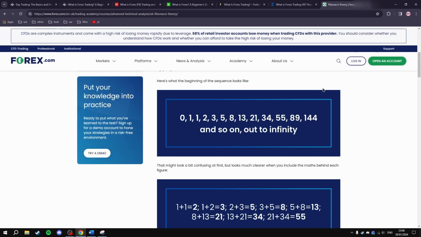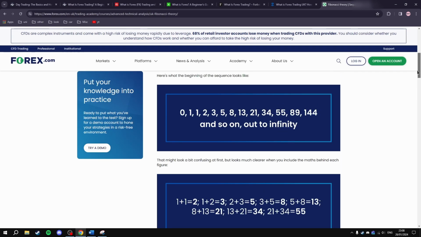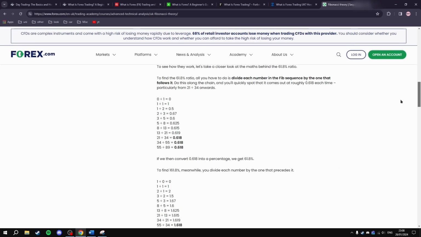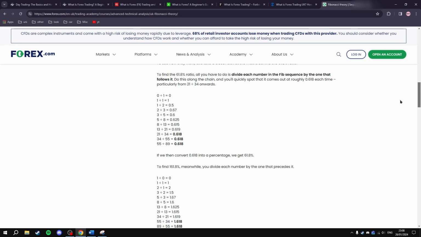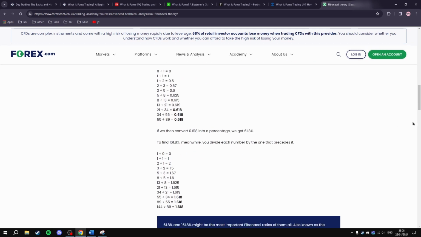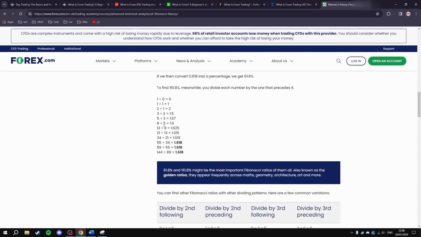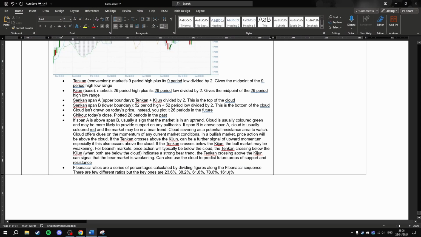So that's 1 divided by 1, 2 divided by 1, 3 divided by 2, 5 divided by 3, 8 divided by 5, that sort of thing. 61.8% and 161.8% might be the most important Fibonacci ratios of them all, also known as the golden ratios.